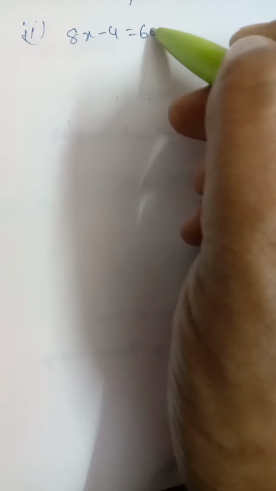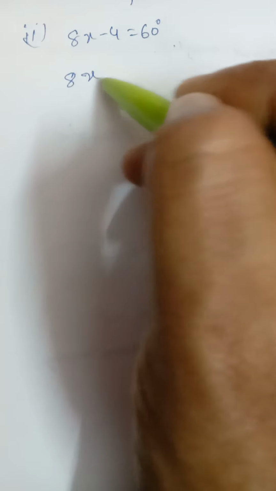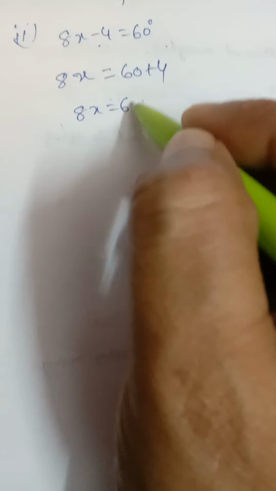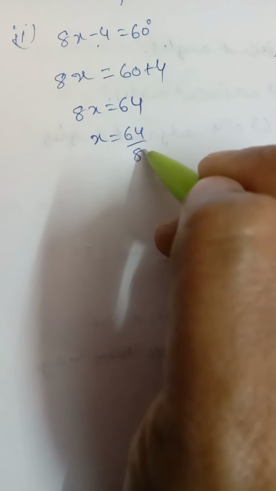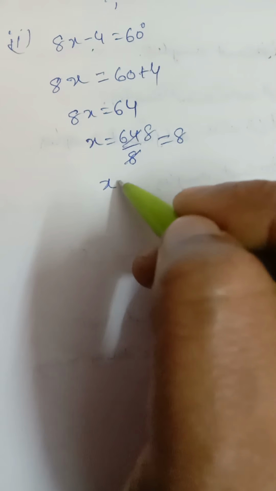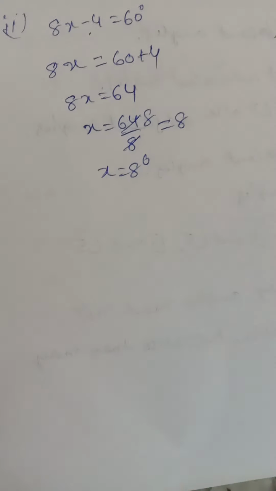Alternate interior angles are equal. 8x minus 4 is equal to 60 degrees. Moving from LHS to RHS, minus 4 becomes plus 4. 8x is equal to 60 plus 4, 8x is equal to 64. X is equal to 64 by 8. X is equal to 8 degrees.